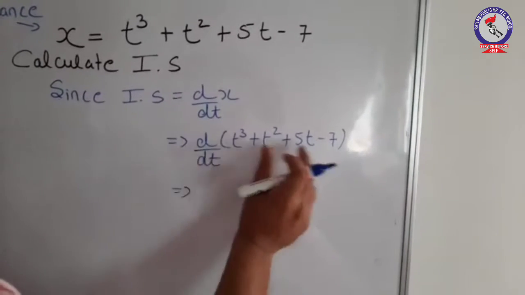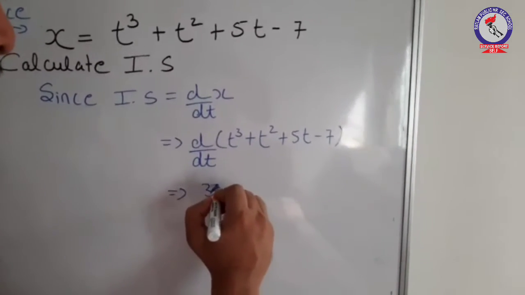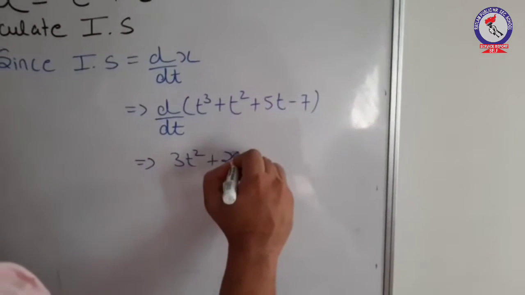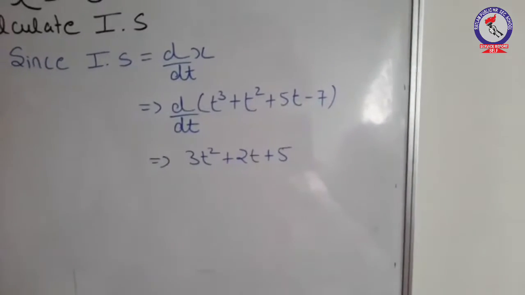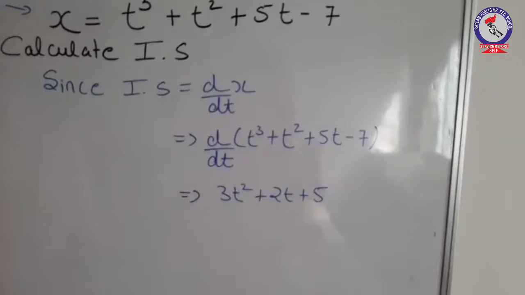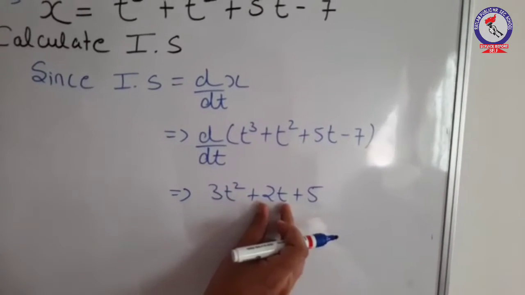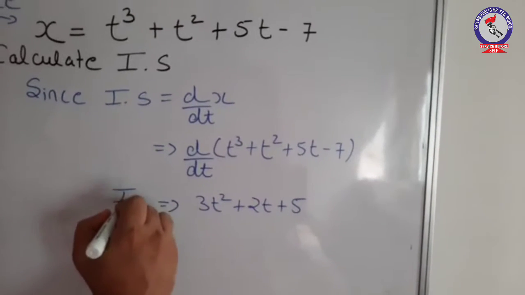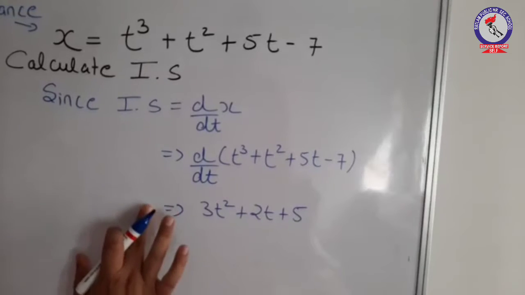Therefore, differentiating this given equation with respect to time, we'll have 3t square plus 2t plus 5. As the differentiation of a constant is 0, I have used a simple relation of differentiation here, getting the equation 3t square plus 2t plus 5, representing instantaneous speed.